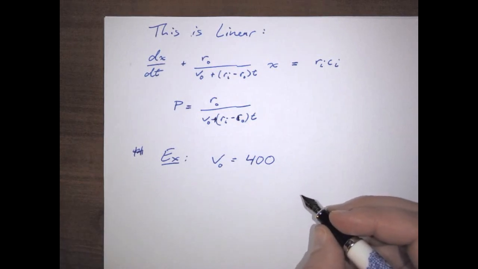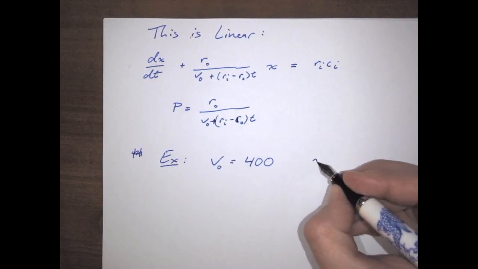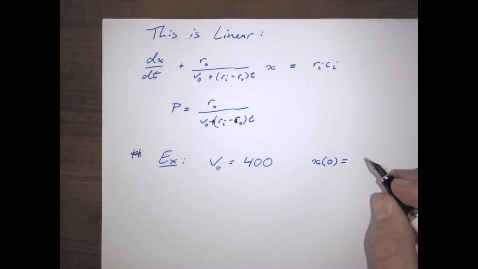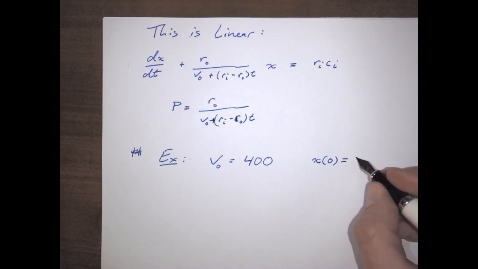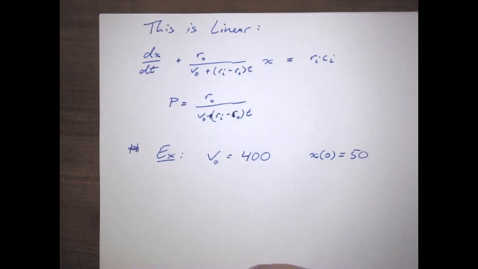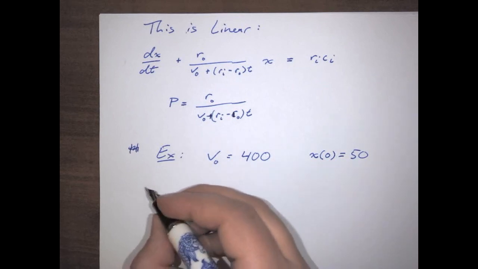We know that the initial amount was 50 kilograms. We know that the brine flows in at 0.25 kilograms per liter.